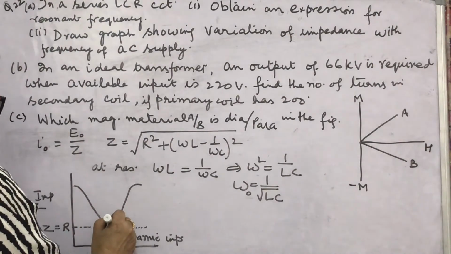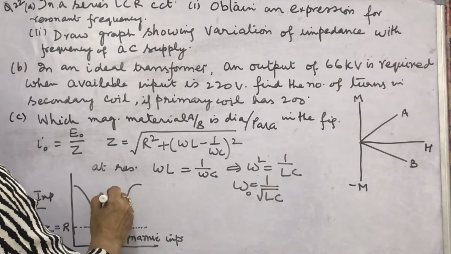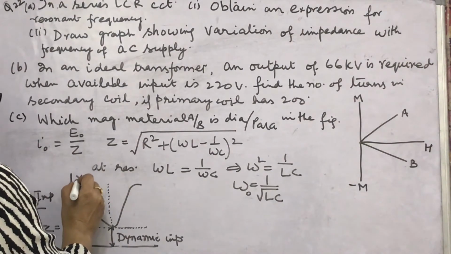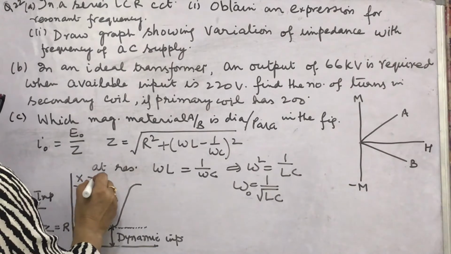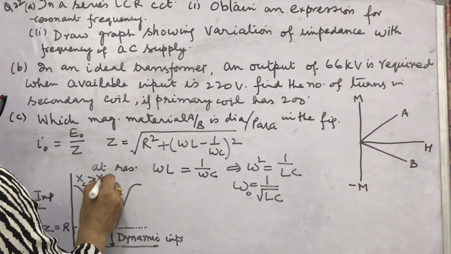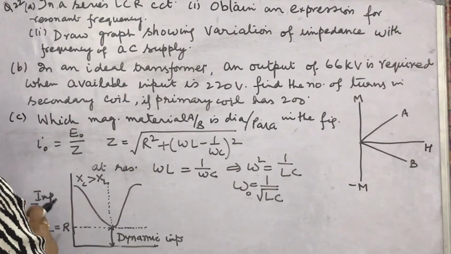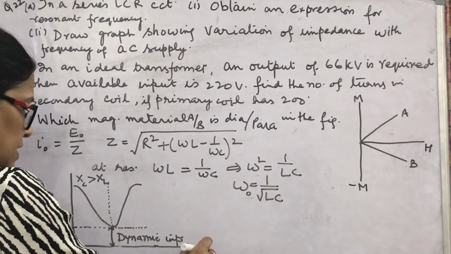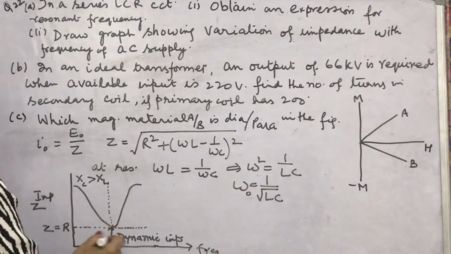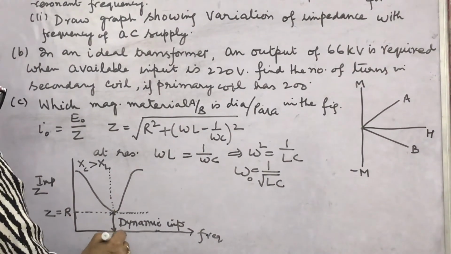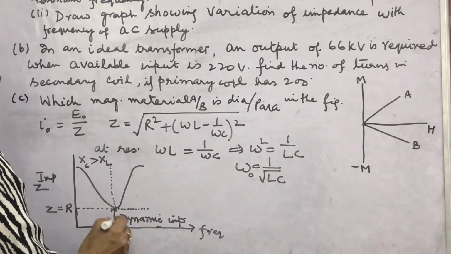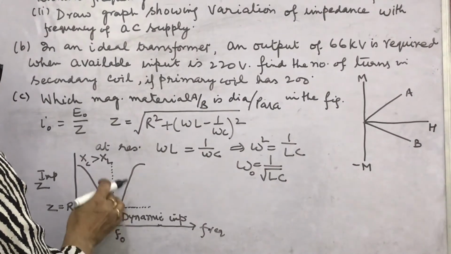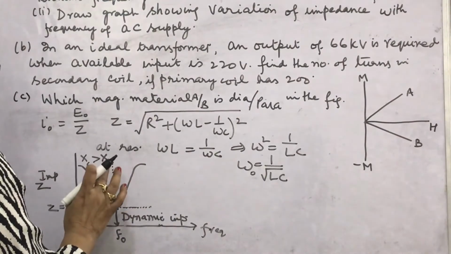Now, this will be the part when XC will be greater than XL. Look, if this is the frequency axis, then you can see that at the resonance frequency F naught, Z is equal to R, this minimum is the impedance, maximum is the current.